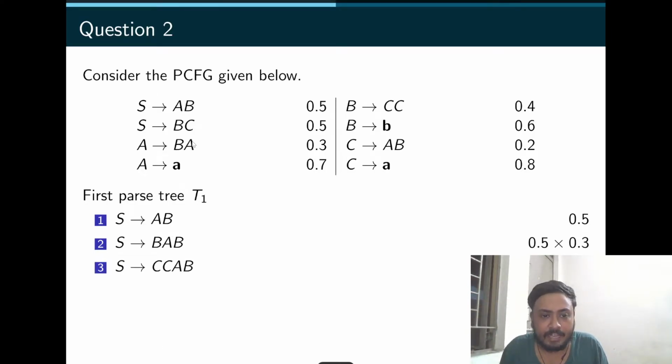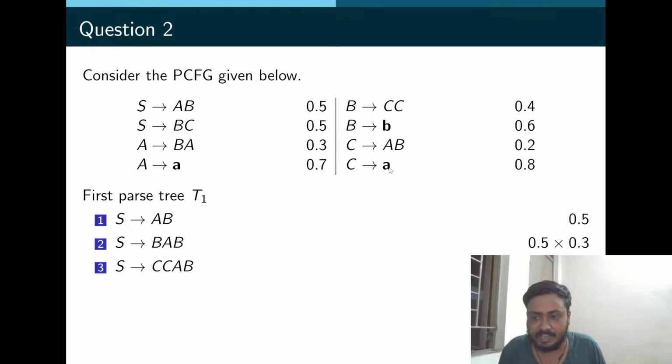Now we know that from the non-terminal B we can either get this terminal B or we can get this CC. If we expand this B into the terminal B, we will have a problem because the string we want to derive is AAAB. So there should be A's in the beginning. So somehow we have to get this B to generate A's. How do we do that? Well, we know that C can generate A's, right?